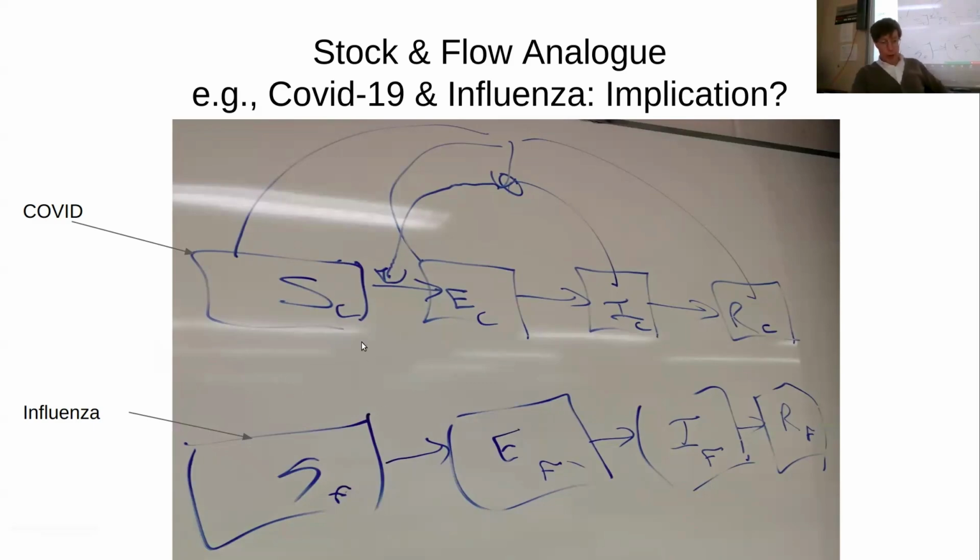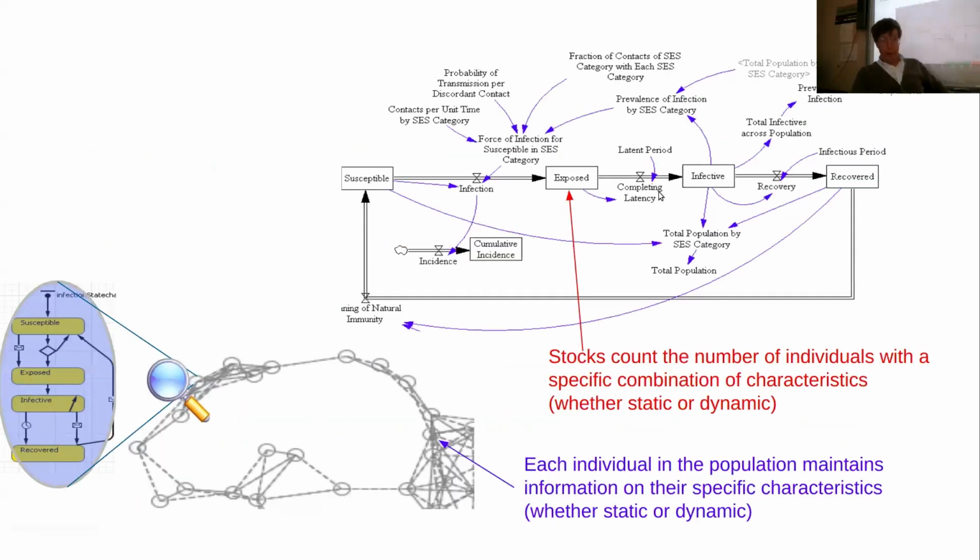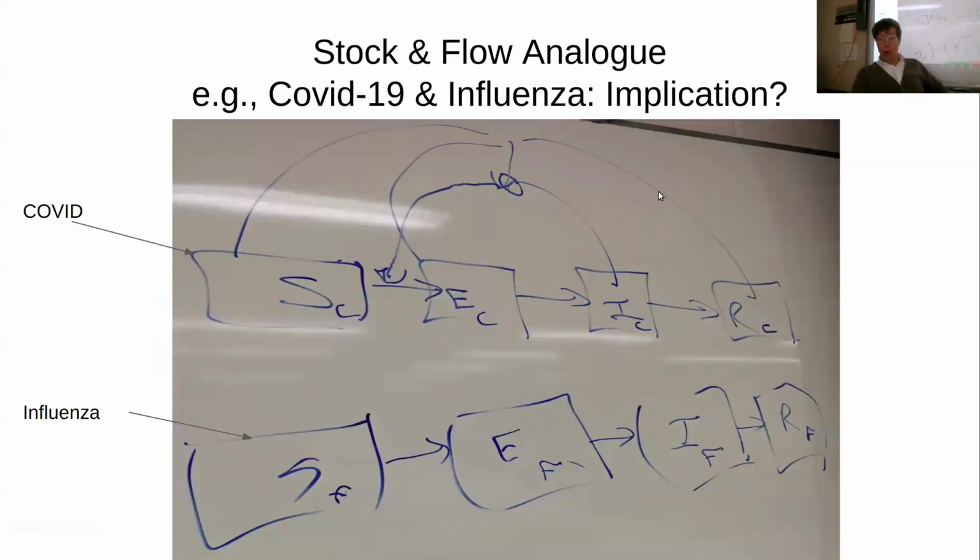So here, within a stock and flow model, we could represent more than one sort of pathogen, more than one sort of process. We could have a set of compartments, a set of stocks here for COVID, labeled C, a set of stocks for flu, labeled F. We would have for each of these states, each of these compartments, each of these stocks, a count.